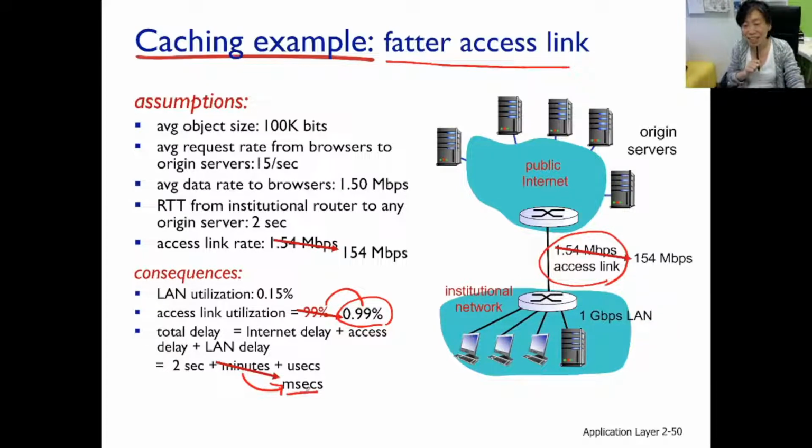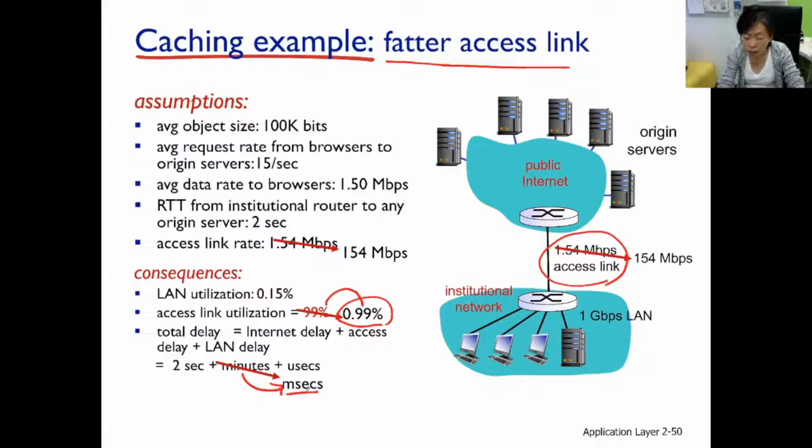Now, why millisecond? If you recall traceroute testings that we did earlier in chapter 1, right? What was that? Quiz 3 or quiz 4, isn't it? Yeah, most of the delay we see between two routers are what? Tens of milliseconds and maybe 100 milliseconds at most.